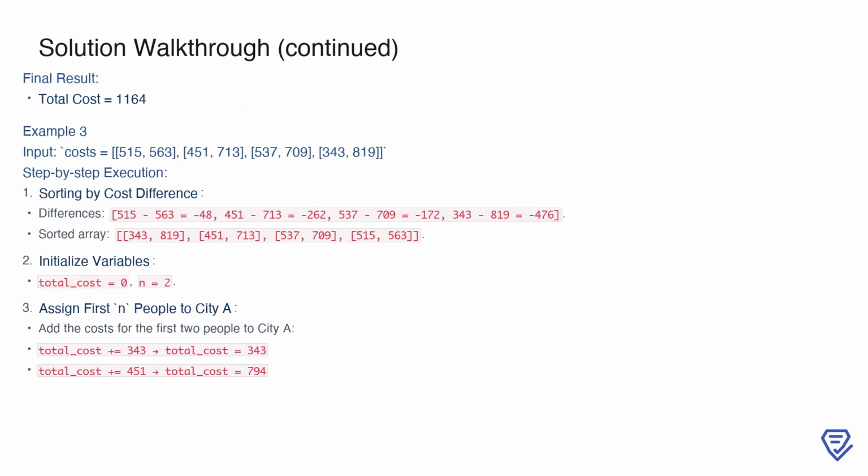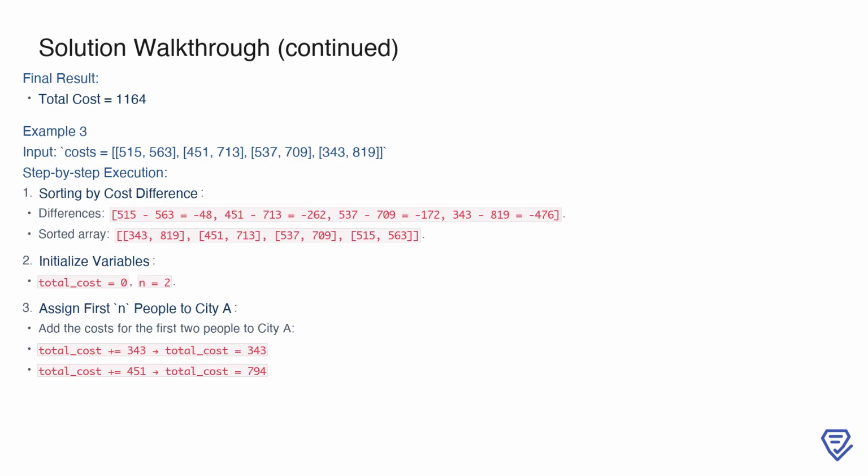In the third example, the input is 515, 563, 451, 713, 537, 709, 343, 819. Calculating the differences, we get 515 minus 563 is equal to minus 48, 451 minus 713 is equal to minus 262, 537 minus 709 is equal to minus 172, 343 minus 819 is equal to minus 476.